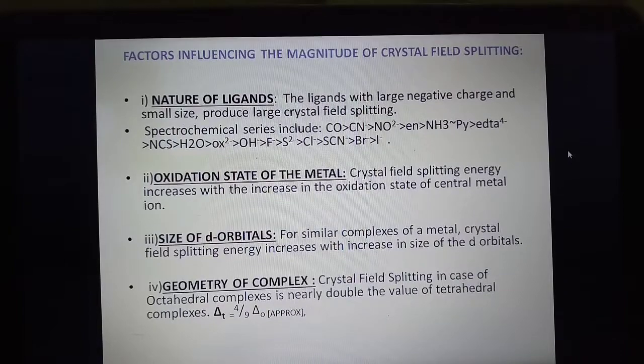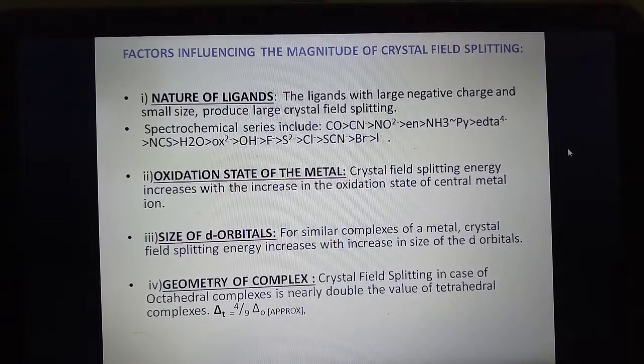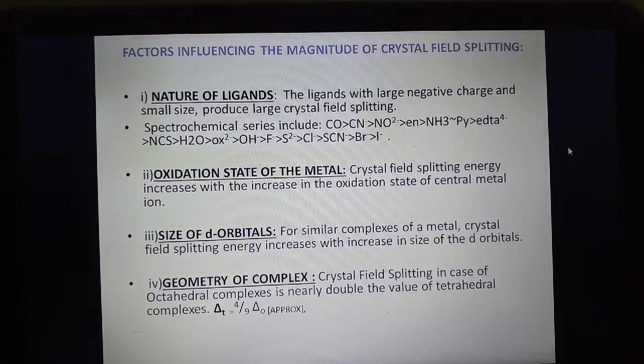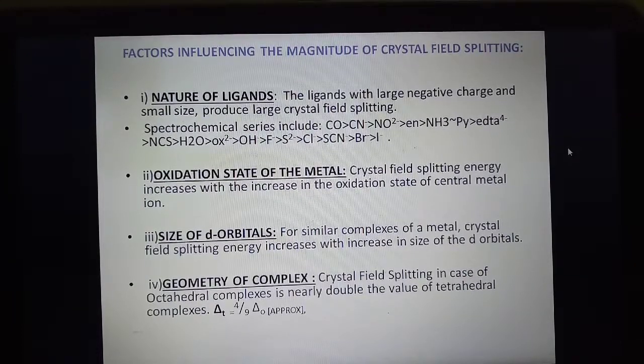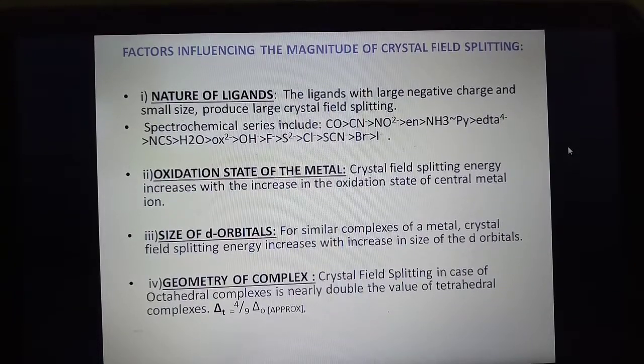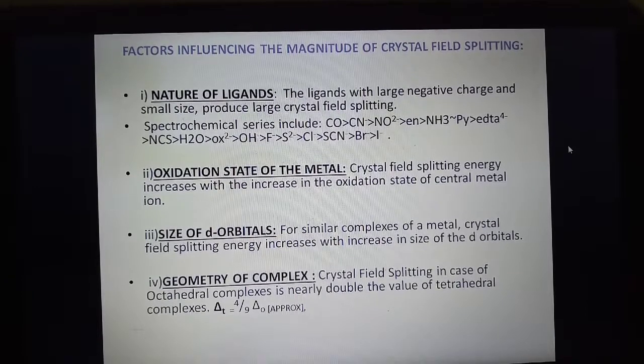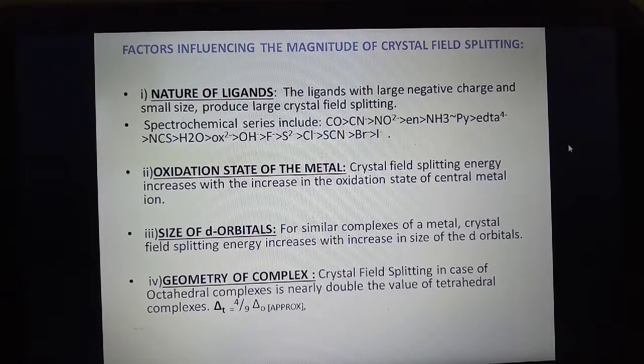You can see the spectrochemical series included: carbon monoxide, cyanide, nitrite, ethane-1,2-diamine, ammonia, pyridine, EDTA, thiocyanate, isothiocyanate, water.